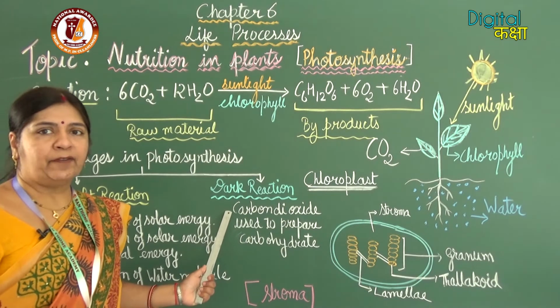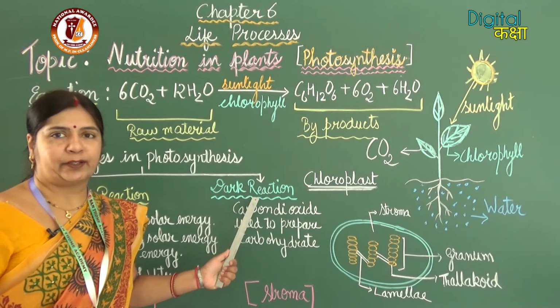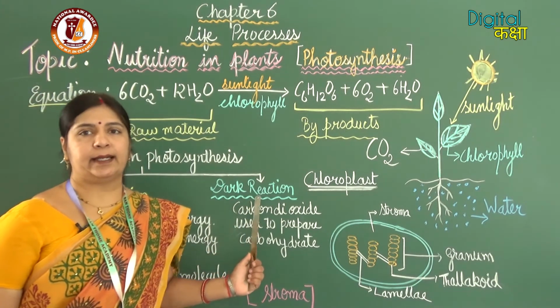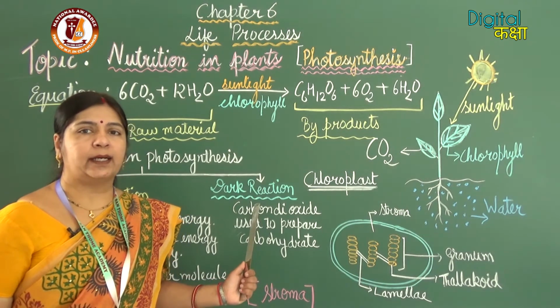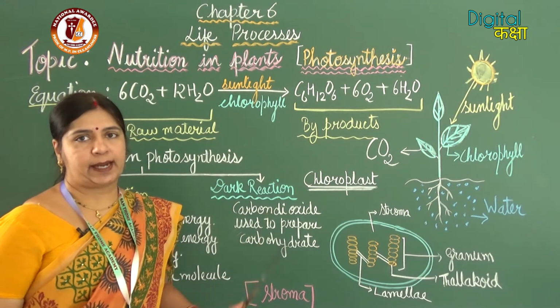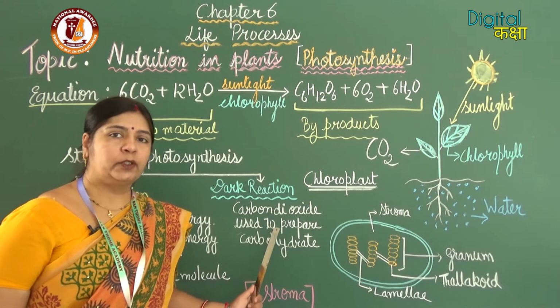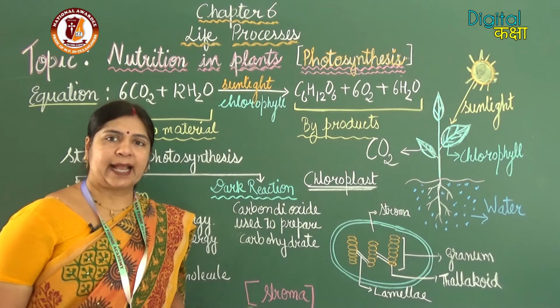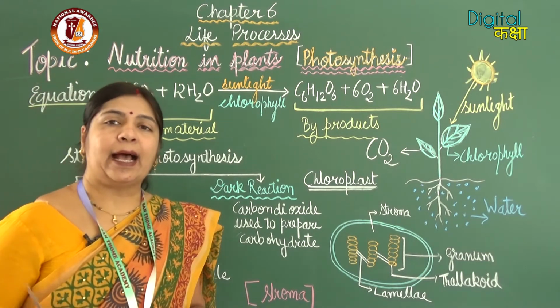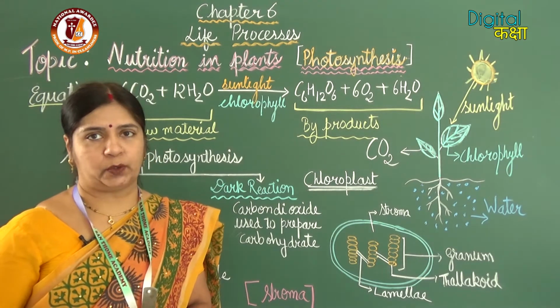the fourth step I have written under dark reaction. It is written under dark reaction because here sunlight is not a necessary condition. This conversion of carbon dioxide to carbohydrate can take place in the absence of sunlight also.